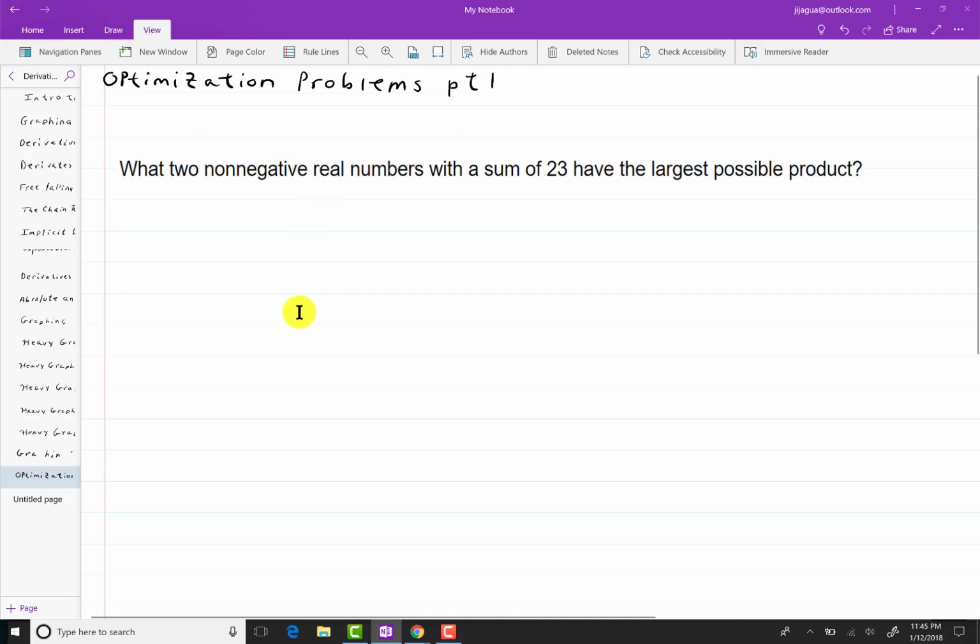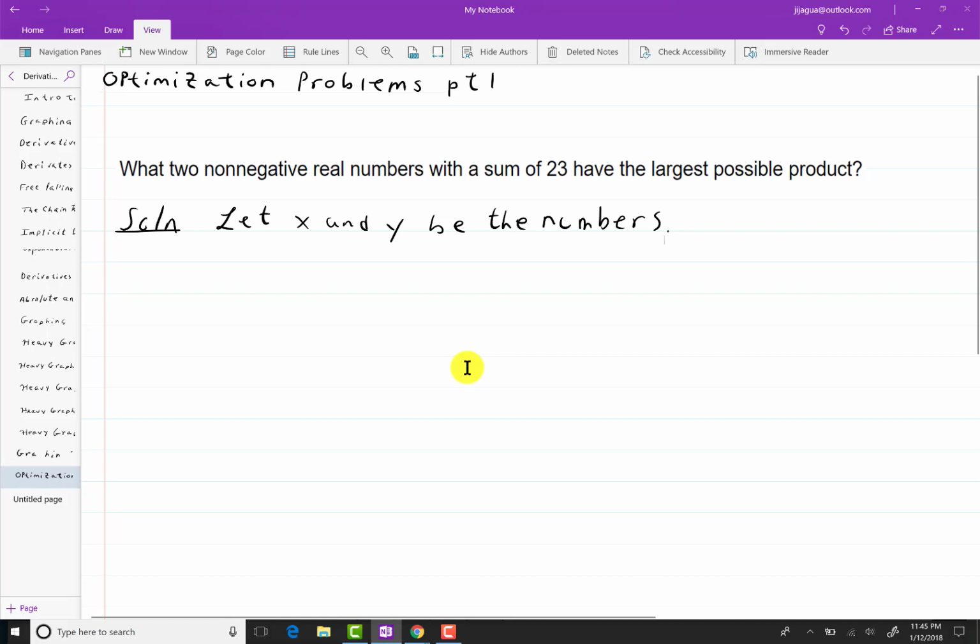So what I can do is, I'll only write the solution here. Let x and y be the numbers. So we know that they add up to 23, with a sum of 23.